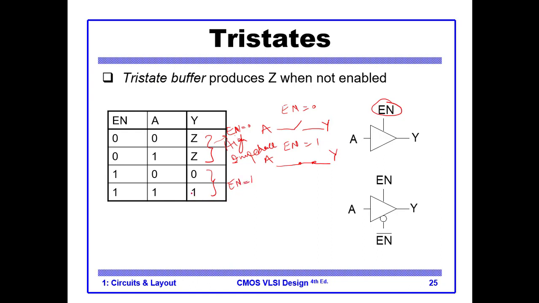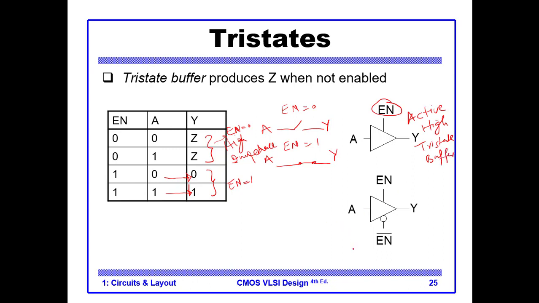When enable is 1, whatever is on the A, it is transferred exactly the same to B. So this is called active high tri-state buffer.